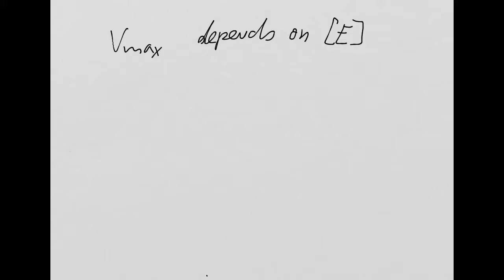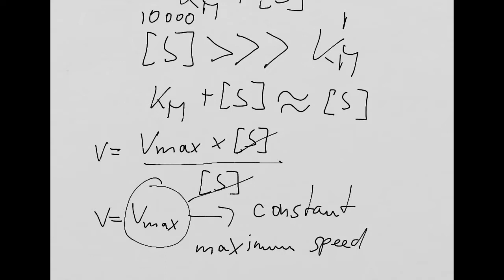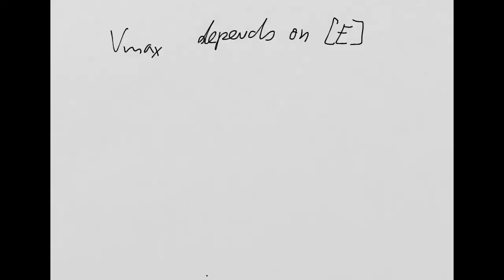So, let's go back to what we said. V equals Vmax. So if we do our beloved Michaelis Menten plot, and of course you have heard that under no circumstances are you allowed to use a Michaelis Menten plot. Have you heard that?